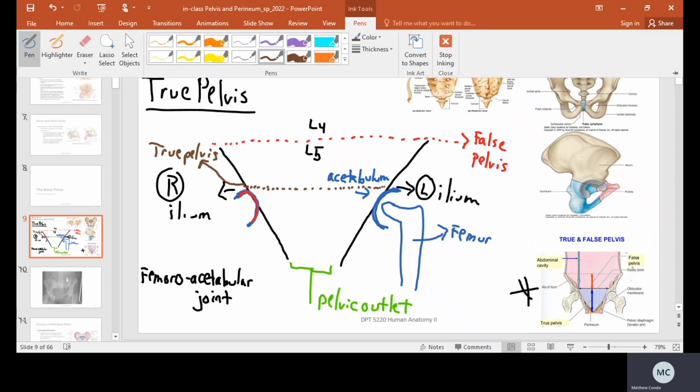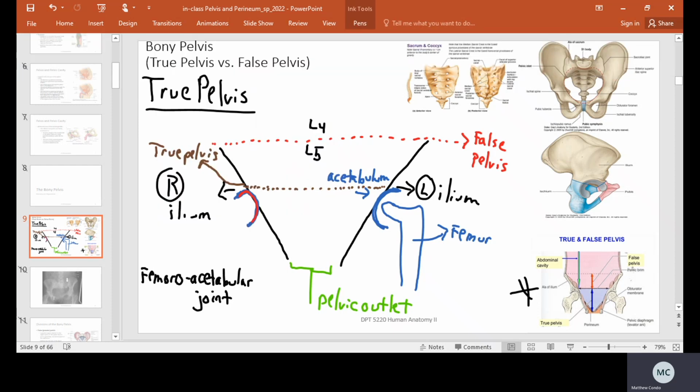Once I get below L5, then what I have is S1, S2, S3, S4, and then I have my coccyx. Coccygeal 1, coccygeal 2, and it just kind of tapers down from there. So Dr. Justice has a great representation there in the back of the classroom. So you guys see where his hands are.